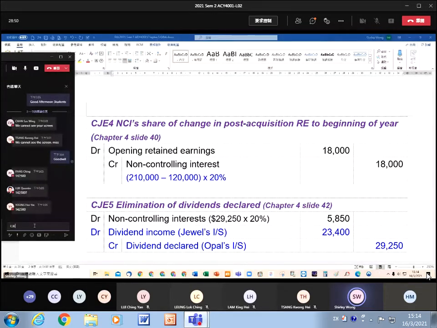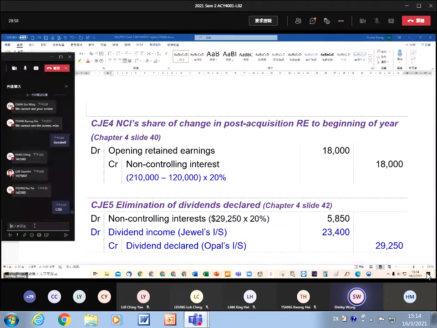Finally, we will prepare CJE 6. Can I have the figures of CJE 6? What is the amount of profit shared to NCI for the current year's profit? Okay, can I have your amount? What will be the CJE number 6 when you share current year profit to them? What figures are you able to calculate?